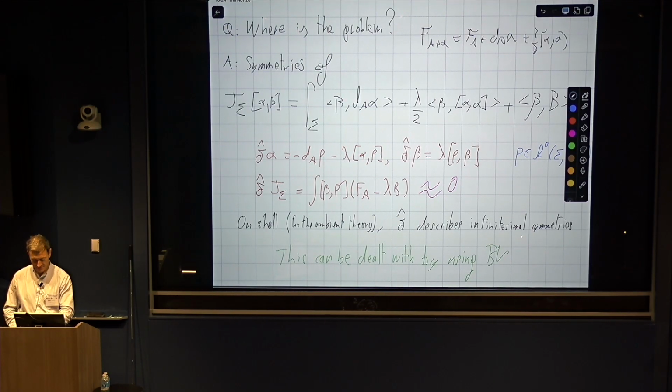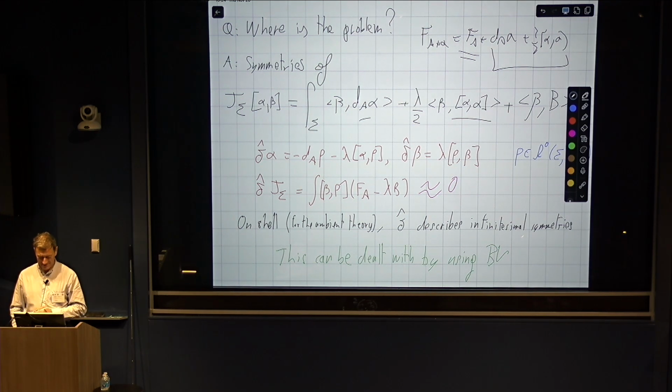So this is the term that you have in the ambient theory, and these are actually the two terms you have here. And this suggests that you should have a gauge transformation that takes the covariant derivative of A plus alpha, and this is precisely what you get here. So this is the covariant derivative of rho with respect to the connection A plus, actually, lambda alpha, probably. I should probably write some lambda here.